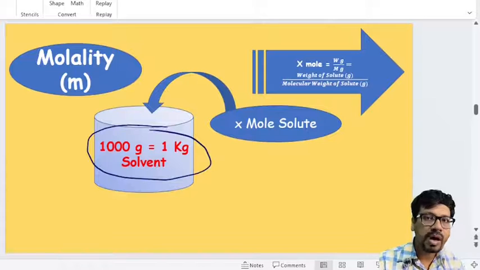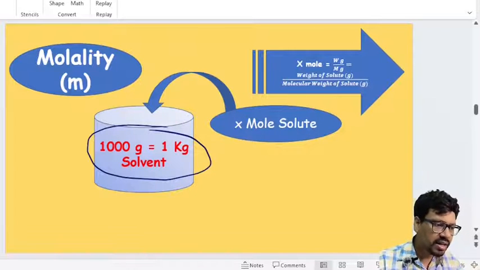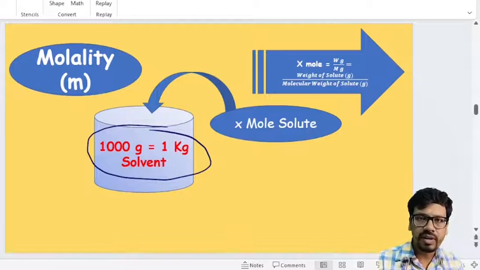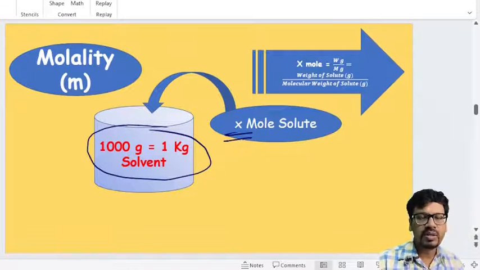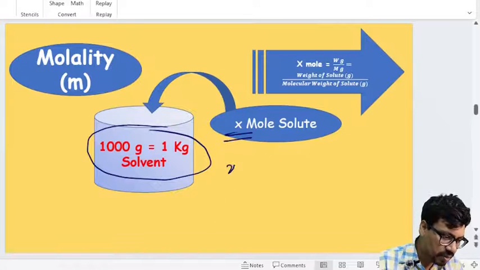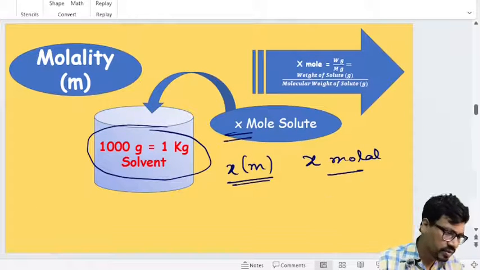Here the mass of the solvent is applicable. So in 1000 gram solvent, if there is X mole of solute present, the concentration is X molal. Molal is represented by small m. X molal. Clear?